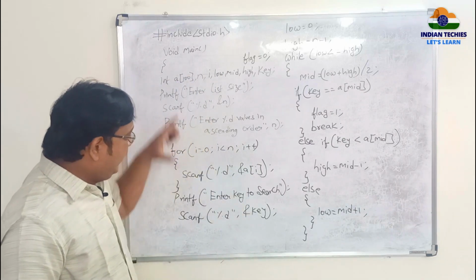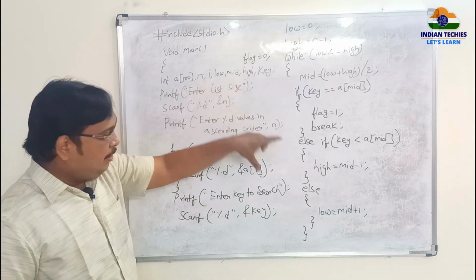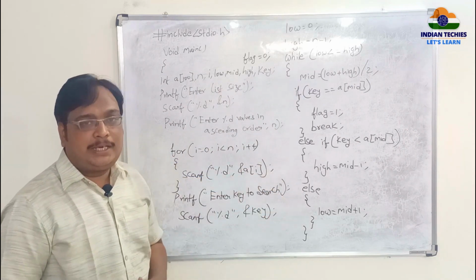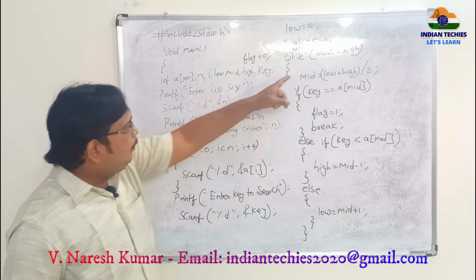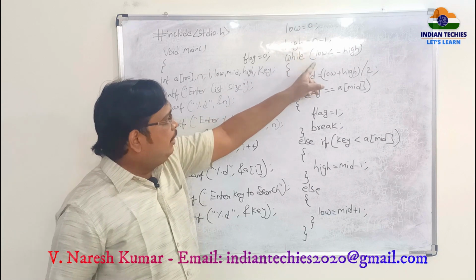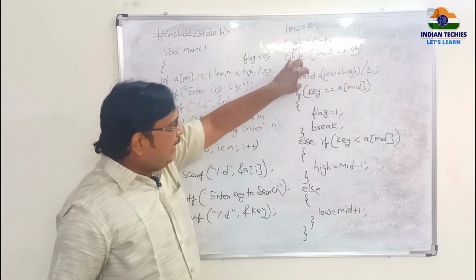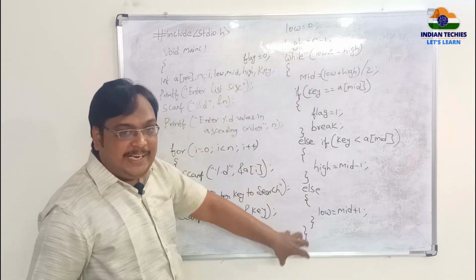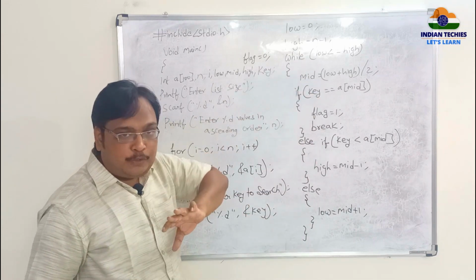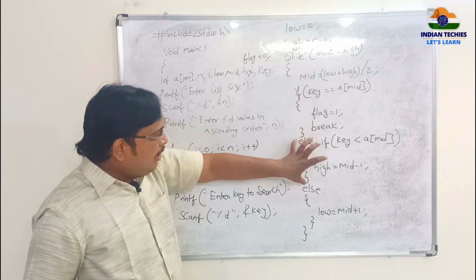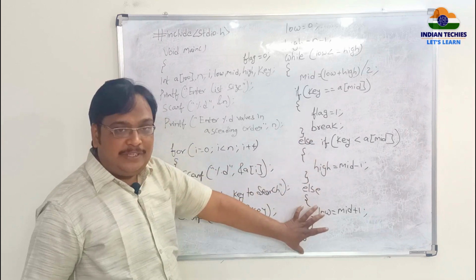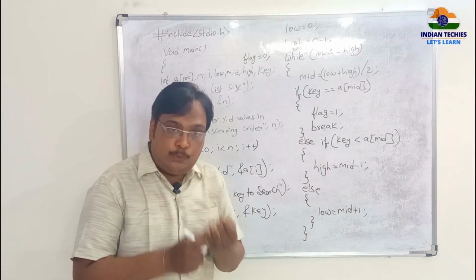This is the basic logic for binary search algorithm. So how this continues? You will be having new low value and high value. It will check this condition. It will calculate mid value and it will identify. If it is found, this loop stops. If it is not found, high value will set or low value will set. Means new high or new low.